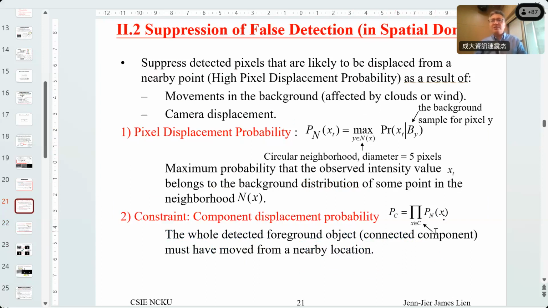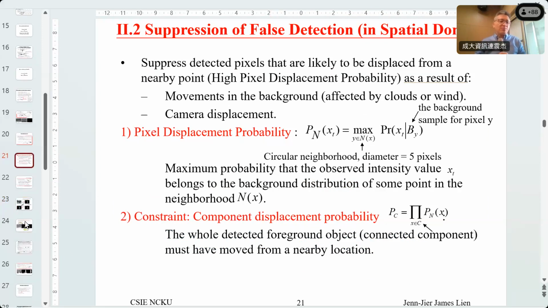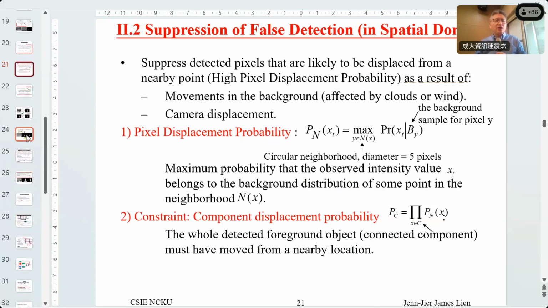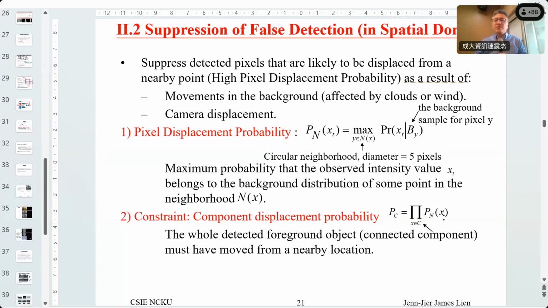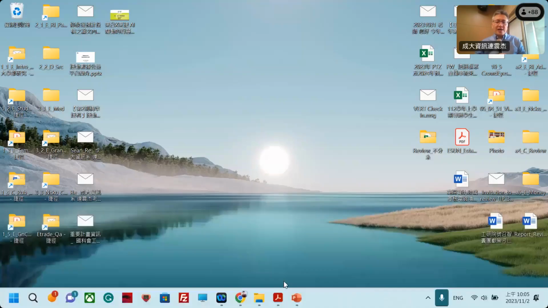The second is based on neighbor information: we multiply together and use the probability to decide whether we keep it or delete it. These two concepts are commonly used. So that's it for background subtraction. Background subtraction ends here. Then we come back and finish this one.